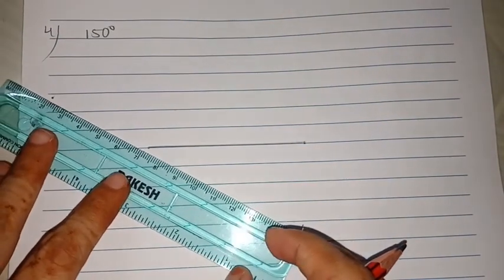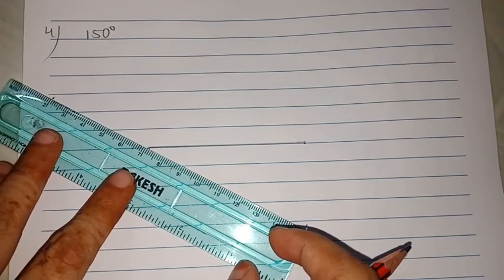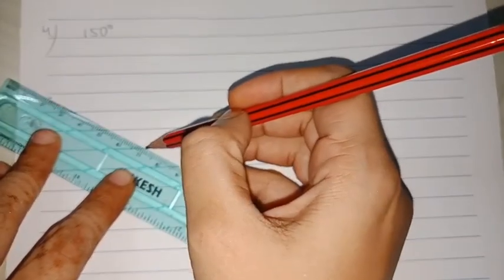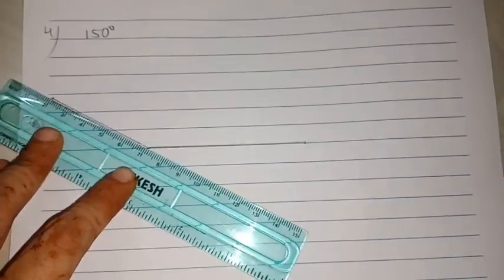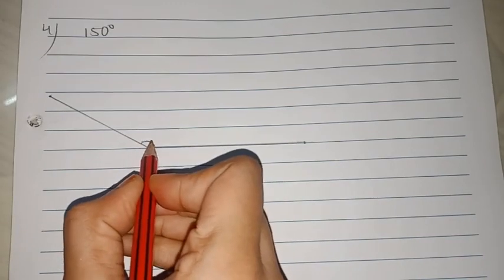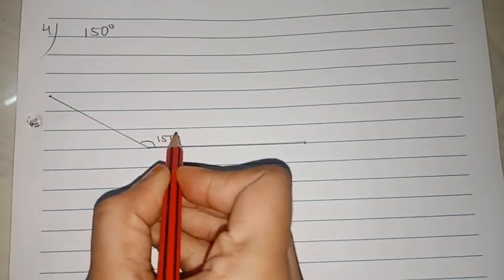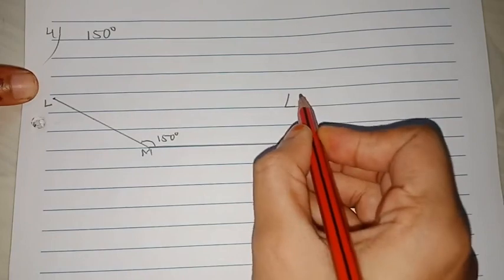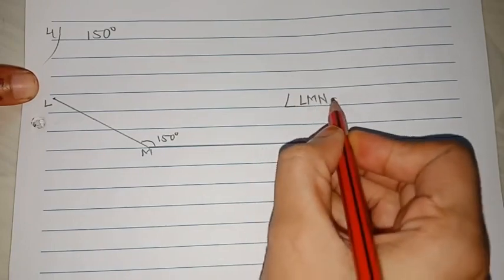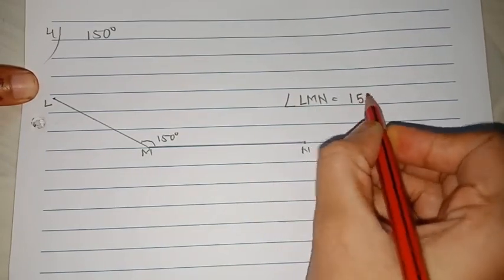Now take a scale again and join the points. Okay, so this is of 150 degree. Got it? LMN. Angle LMN is equal to 150 degree.